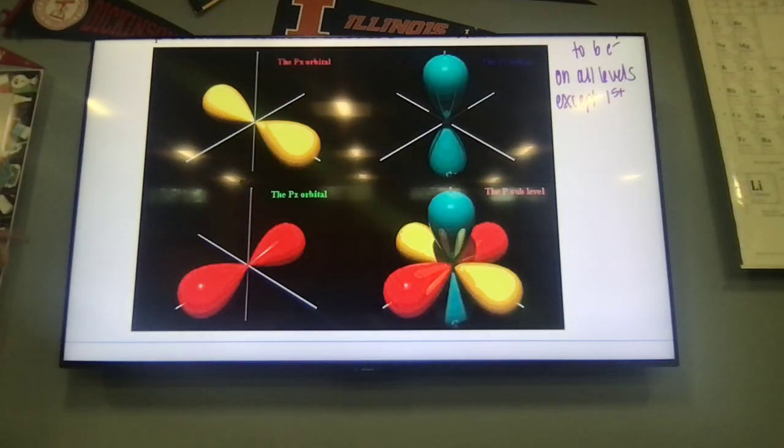So what angle is between them on an XYZ coordinate plane? 90. So if all we're doing is overlapping orbitals, every bond should be at what angle? 90. And we know that's not true. We know that there's one at 109.5. We know that there's 120. Those angles have been measured.